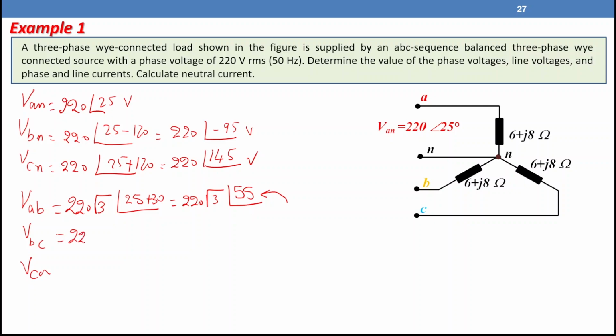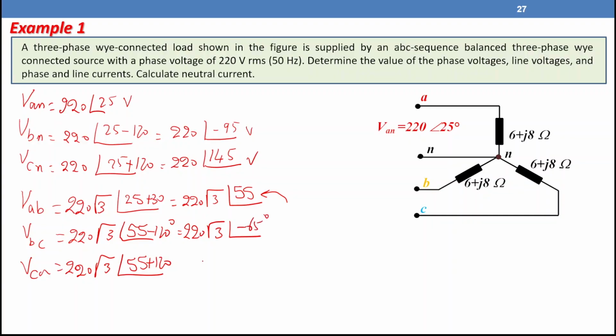So 220 root 3 angle 55 minus 120, and that one is 220 root 3 angle 55 plus 120. So that one equals 220 root 3 angle minus 65 degrees, and 220 root 3 angle 175 degrees.